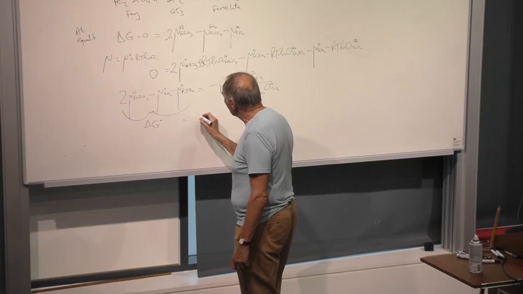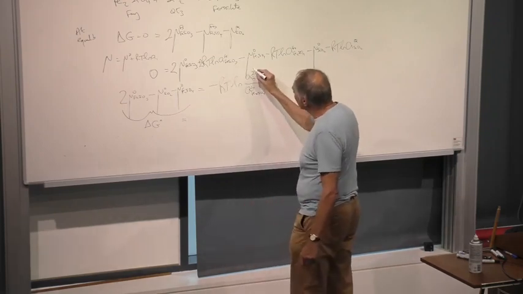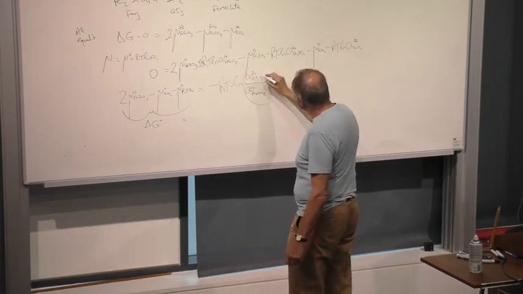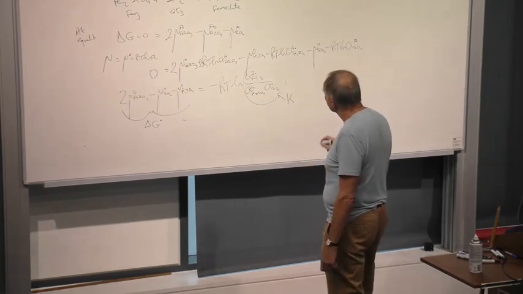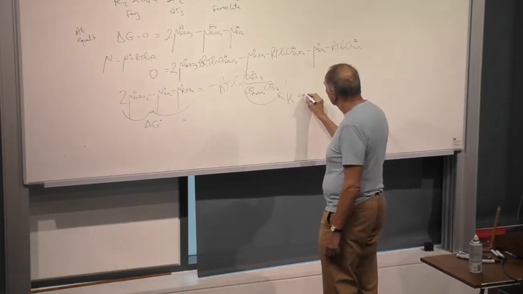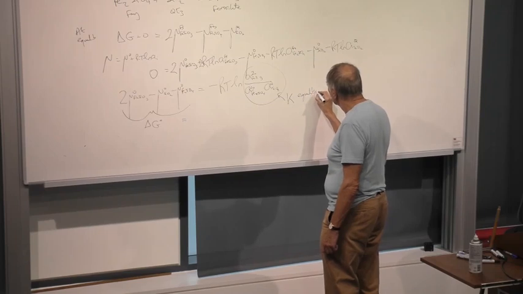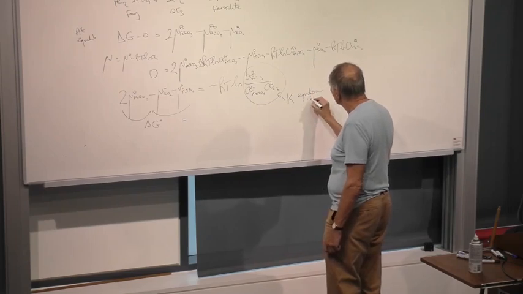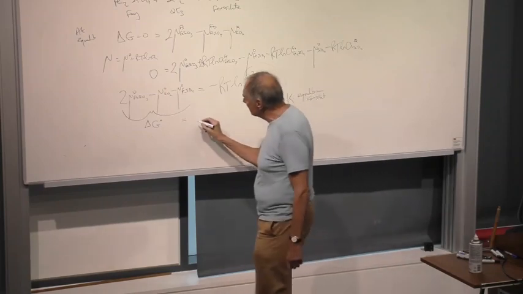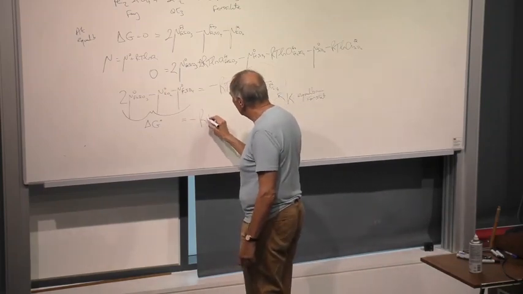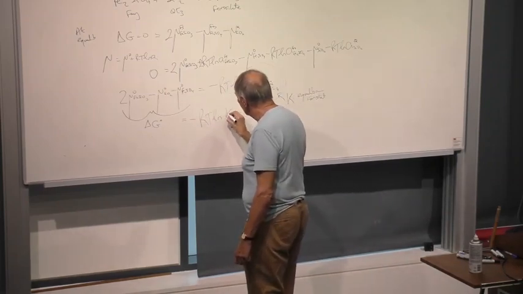And that equals minus RT times that lot. And this here is known as the equilibrium constant, K. So delta G0 is minus RT ln K.